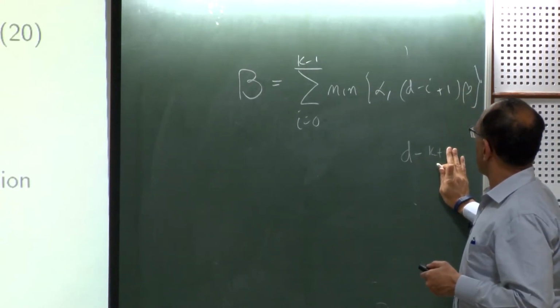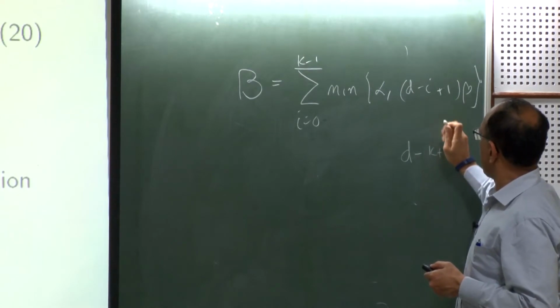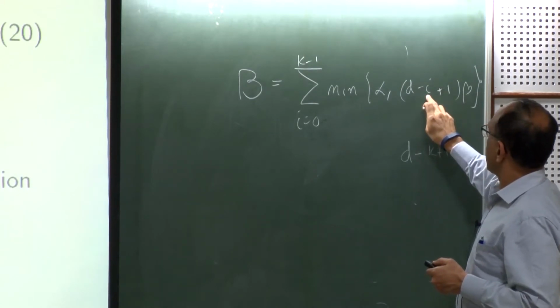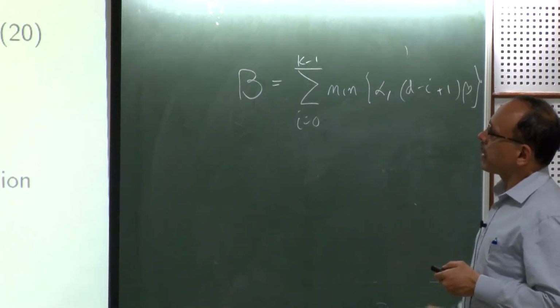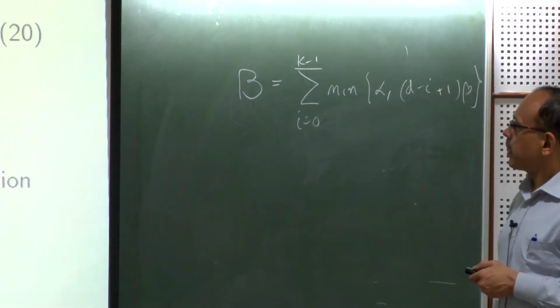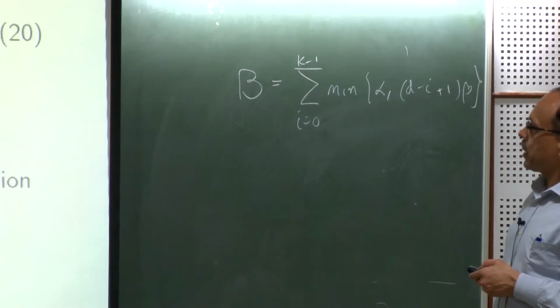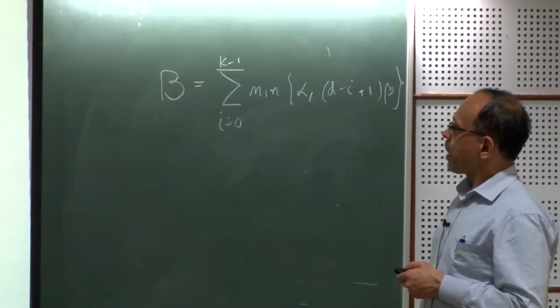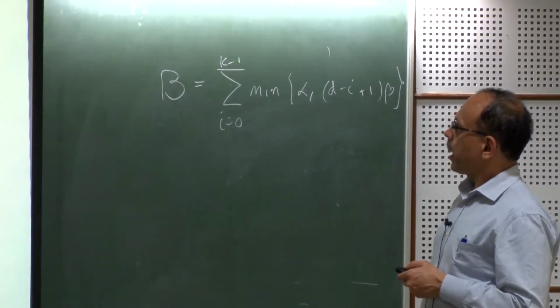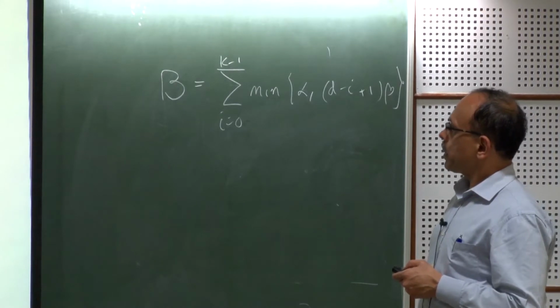So when i equals k minus 1, what will happen? Let me check. i equal to k minus 1, d minus k plus 1.